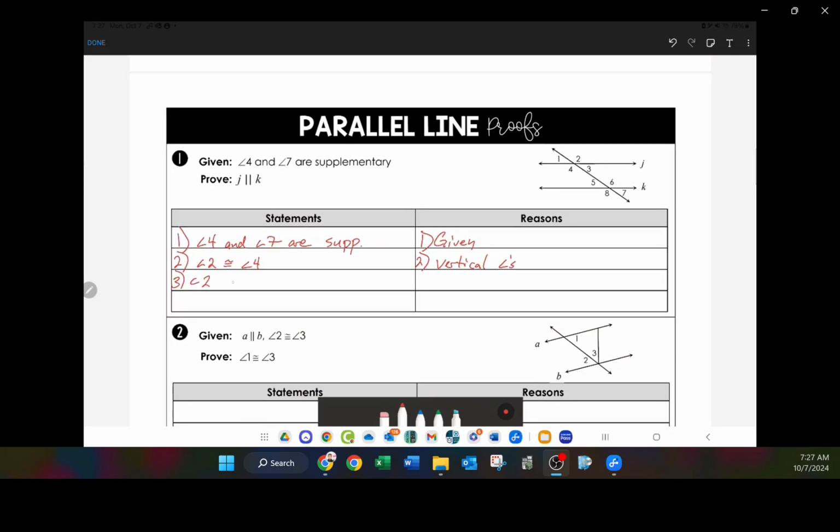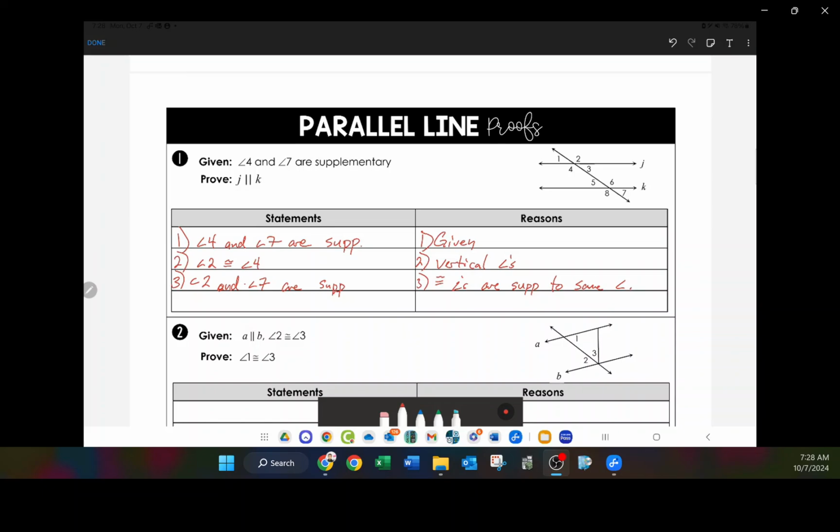Angle 2. So angle 2 and angle 7 are supplementary. Number 3: congruent angles are supplementary to the same angle.